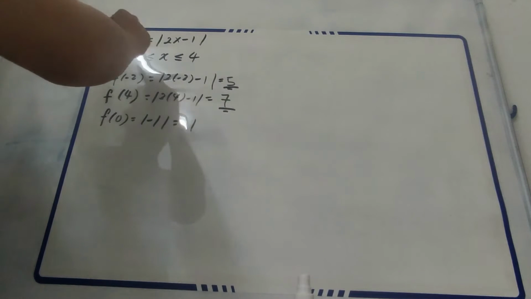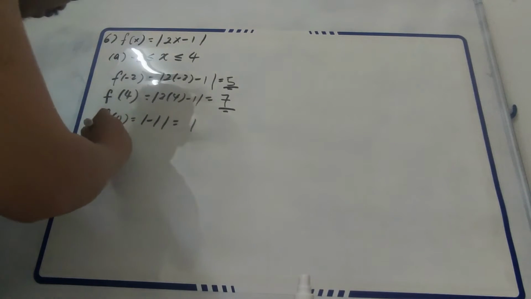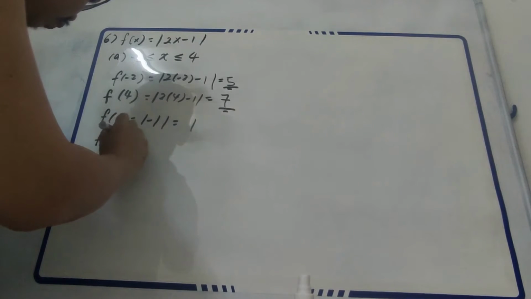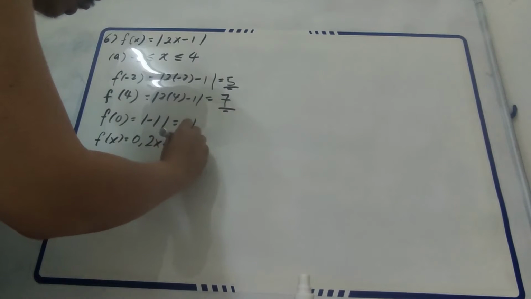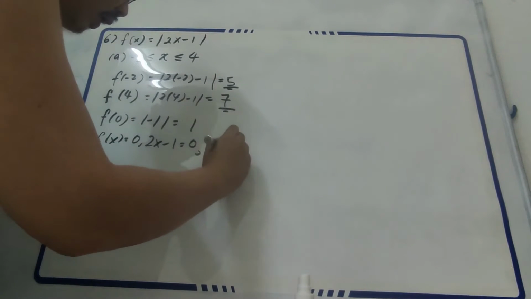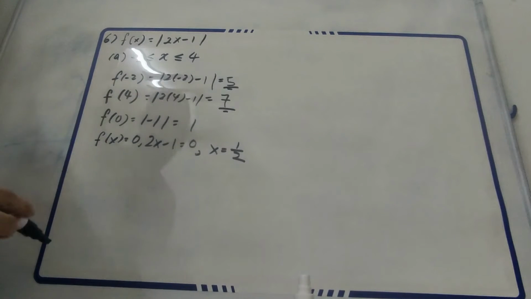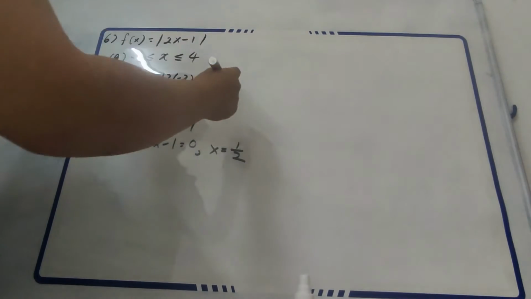And then also need to find out what happens if f(x) equals to 0. f(x) equals to 0, so 2x - 1 is 0, then x is half.